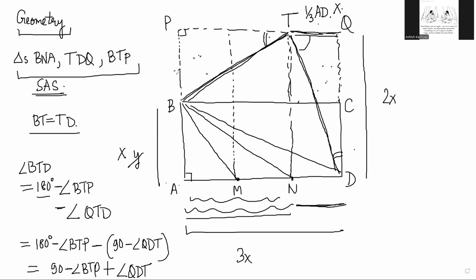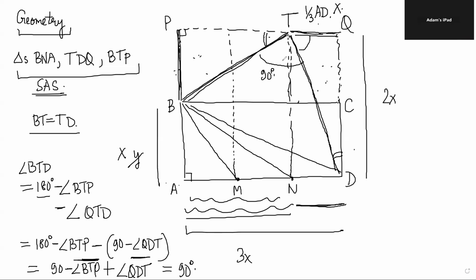These angles are equal by congruency. So the angle BTD is coming as 90, and we already know BT is equal to TD. So it is an isosceles triangle, so this is 45 and this is also 45, right?